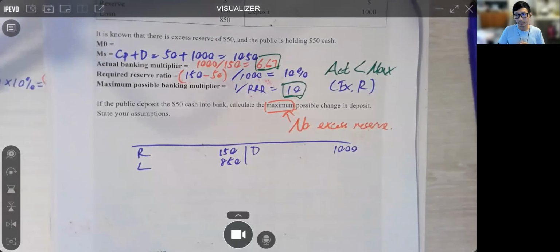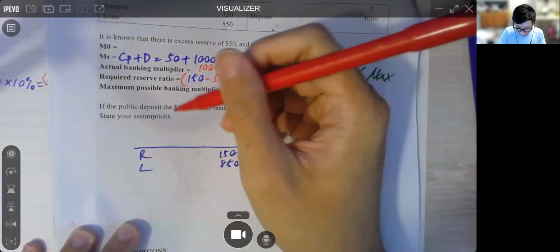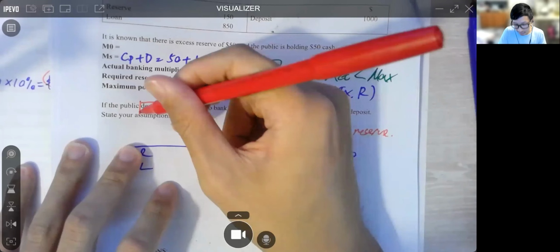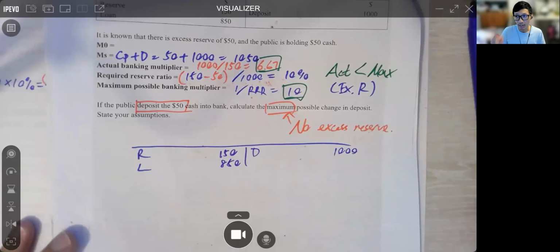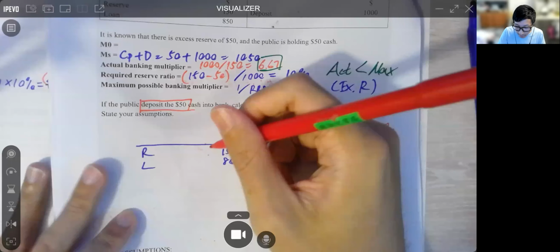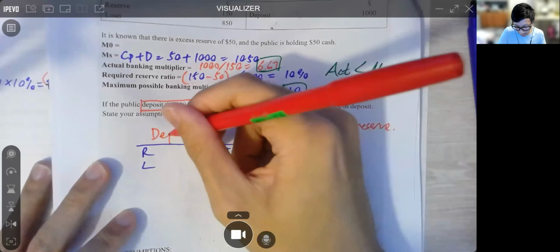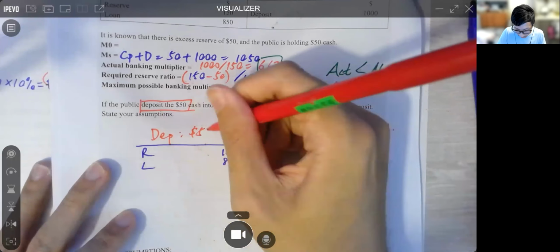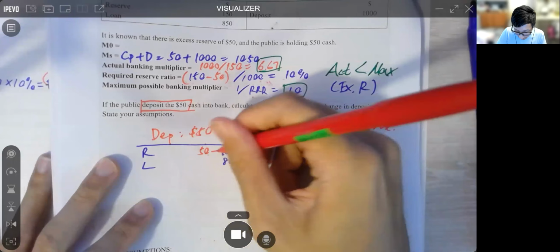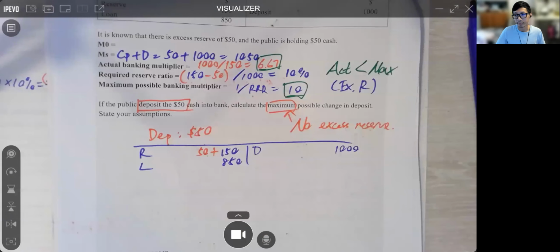Now, boys, we say that they deposit 50 into bank. What happens is that immediately with the deposit of $50, reserve would go up by 50.